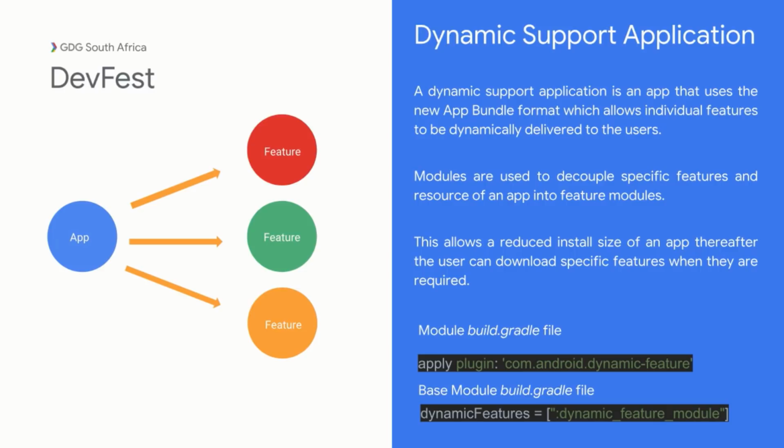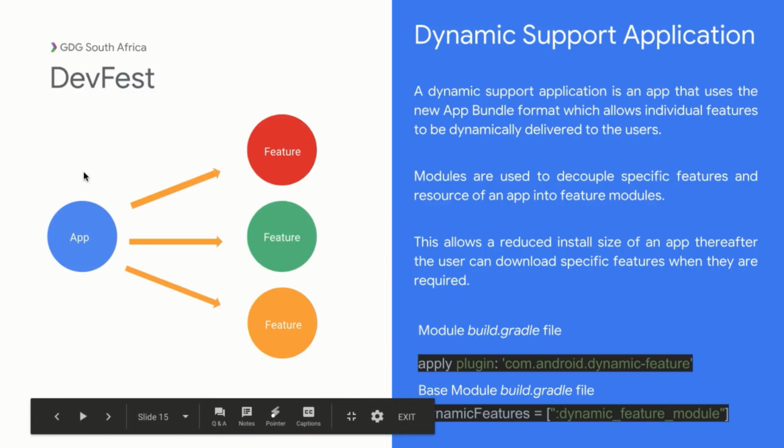Then we have dynamic support applications. A dynamic support application is an application that uses the new app bundle, which allows individual features to be dynamically delivered to the user. Modules are used to decouple specific features and resources of an application into a module. So basically what you'd have is your base module, where in this instance it's that app module, and then you can have your feature module separated out into separate modules.